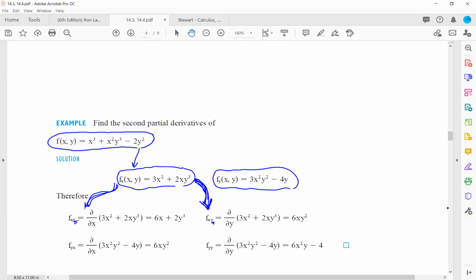The derivative of 3x squared with respect to y is 0. The derivative of 2x y cubed with respect to y is 2x times 3y squared, which is 6x y squared.